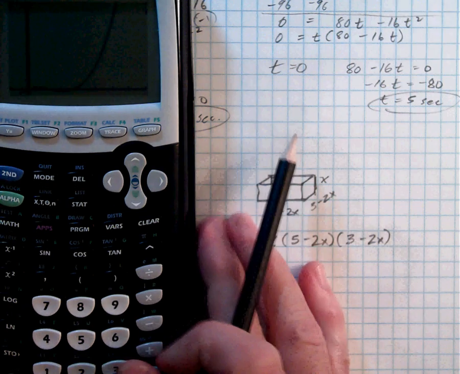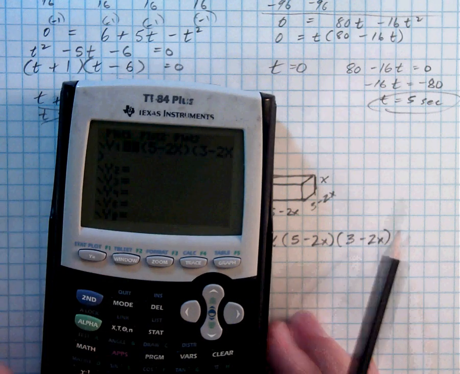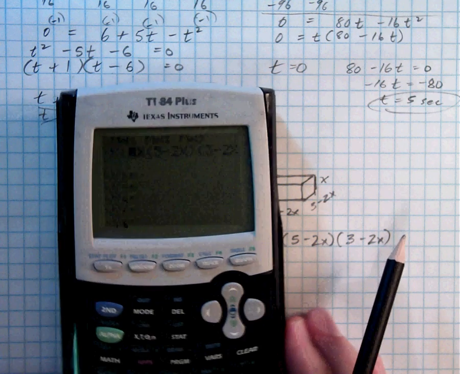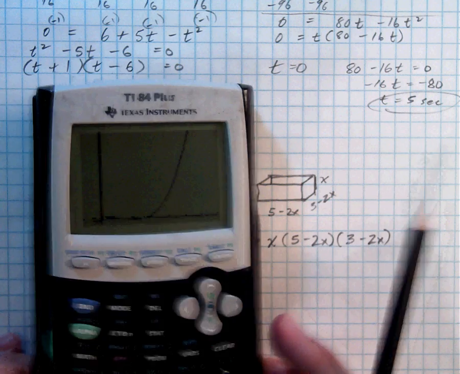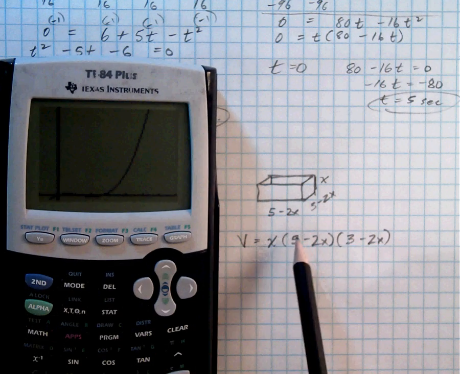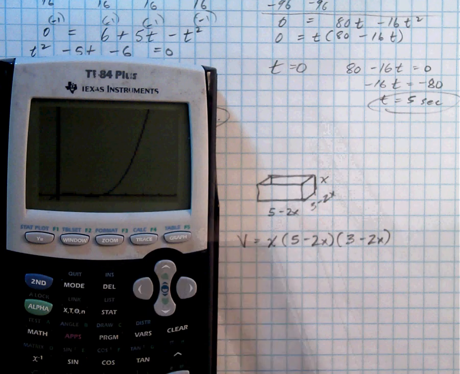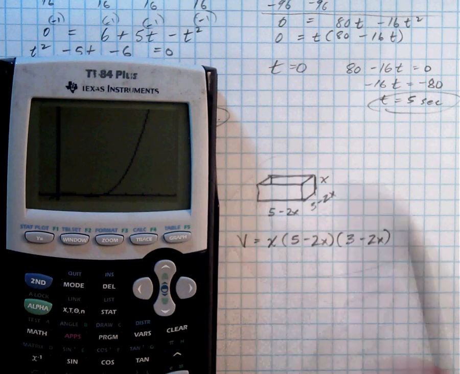Alright, so you see I have this function. In case you didn't see that part, there's the function that I plugged in, and there's the graph that I have so far. Just like the last problem, I'm not really interested in this whole graph, right? Only so much of it makes sense because it's a practical problem.